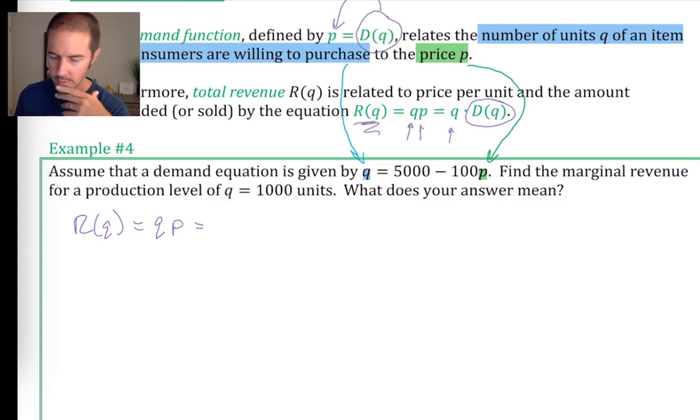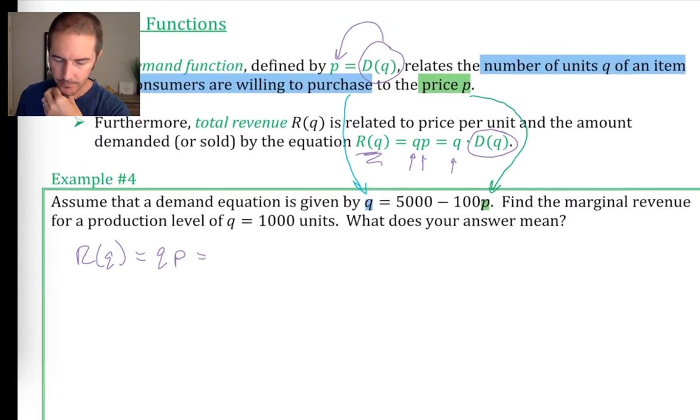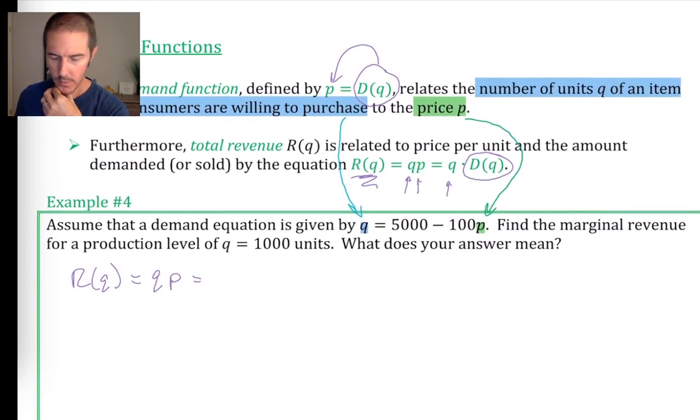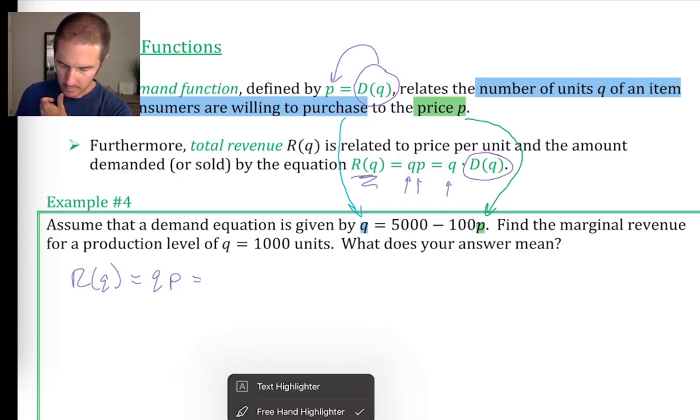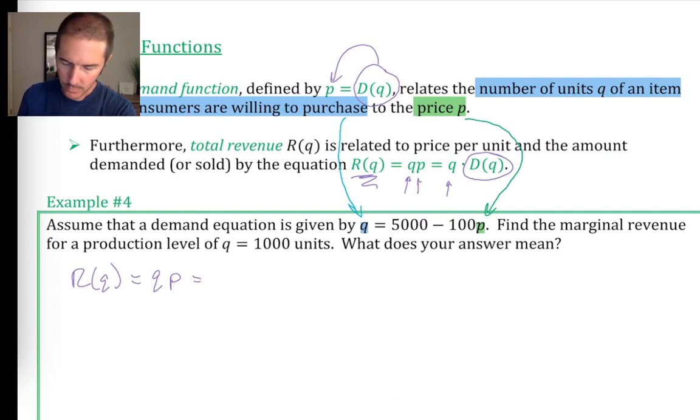This demand function is interesting because, let me get my highlighter here. Notice that this demand function does describe a relationship between Q, the number of items, and P, the price per item.